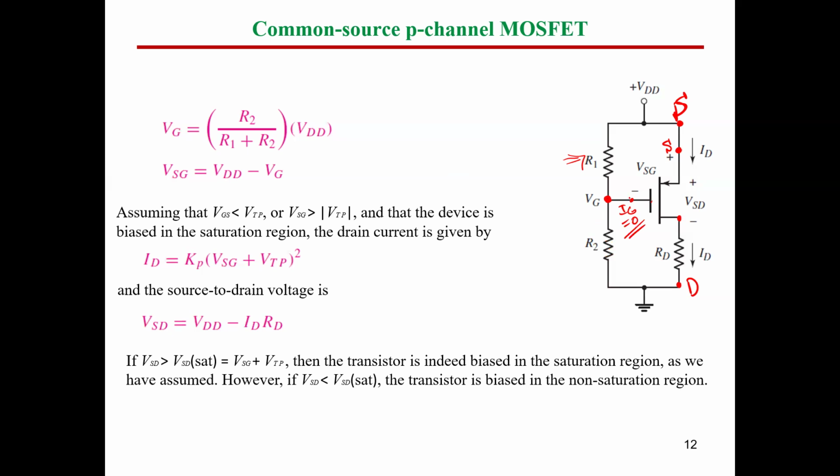So since IG equals 0, we can apply the voltage divider rule. If I would like to get the volt of this point compared to ground, I can apply R2 divided by R1 plus R2. So I can say VG equals R2 divided by R1 plus R2 times VDD.